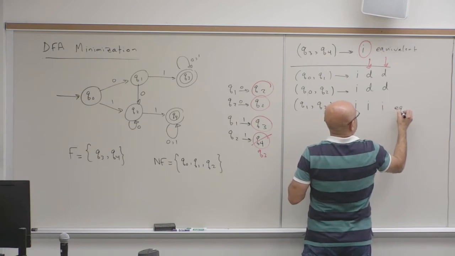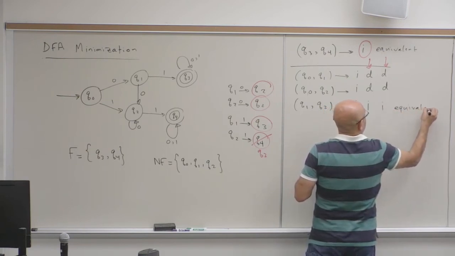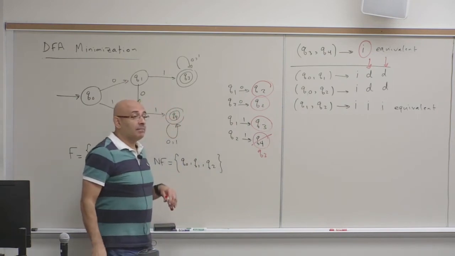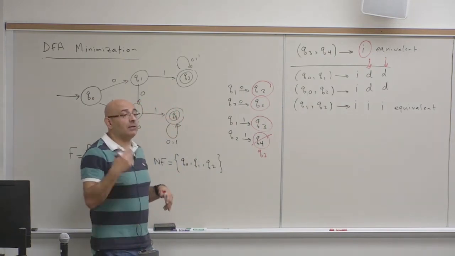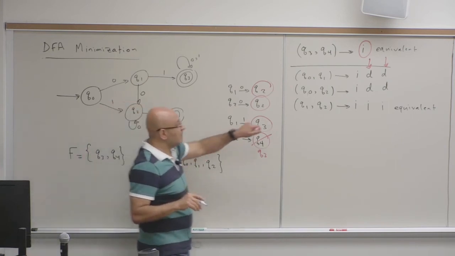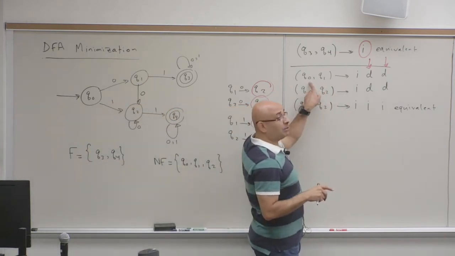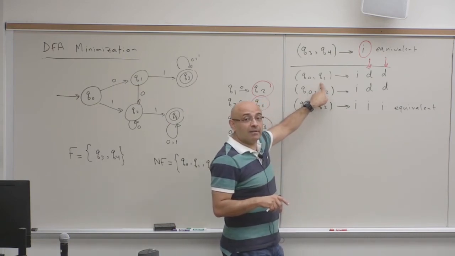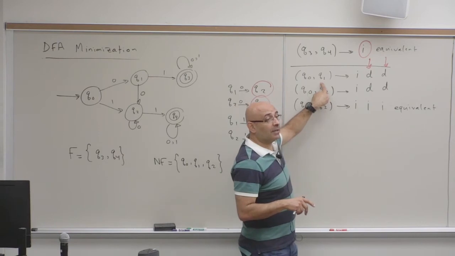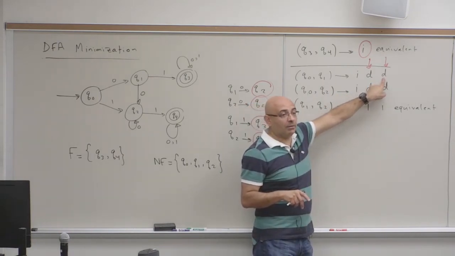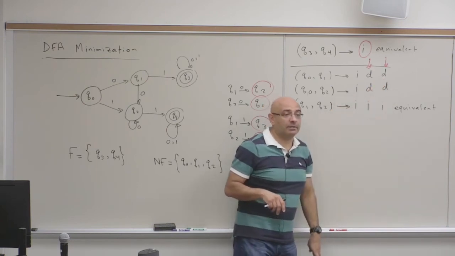In this algorithm, it assumes that they are equivalent, but it couldn't prove that they are not equivalent, so they remain equivalent. Here, for the relation between Q0 and Q1, it assumed they are equivalent, but then it proved that they are distinguishable. So they are not equivalent.